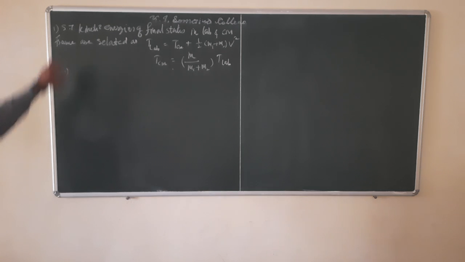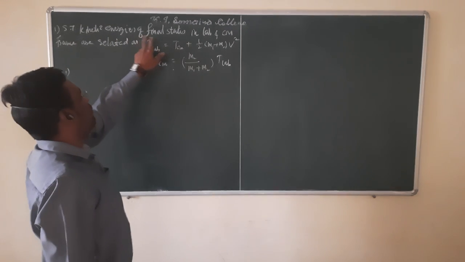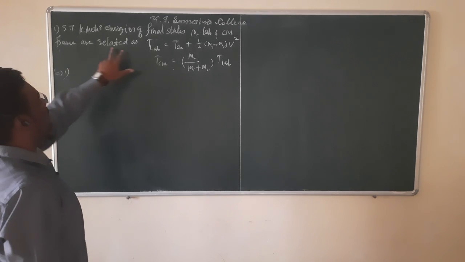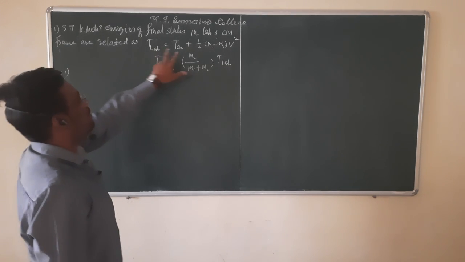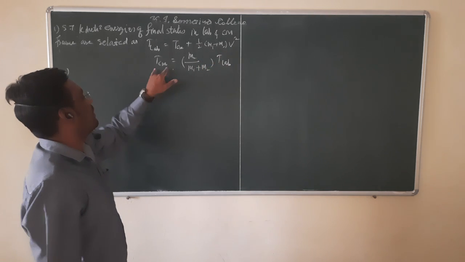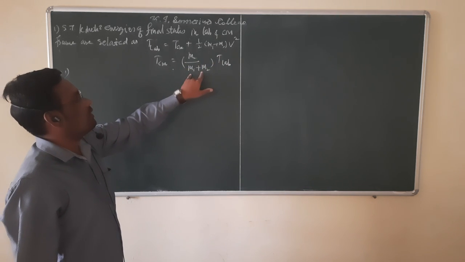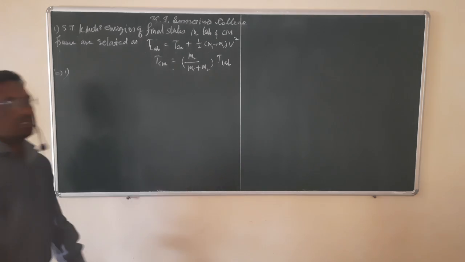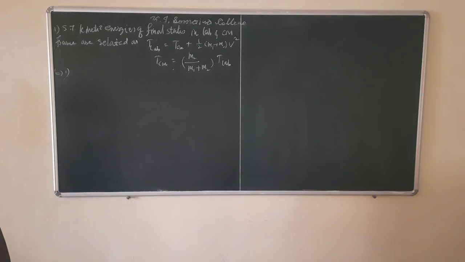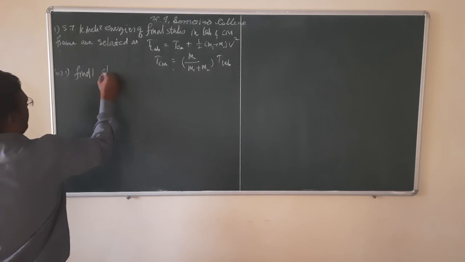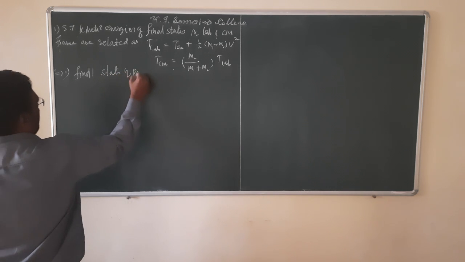Show that the kinetic energies of the final states in the laboratory and CM frames are related as T lab is equal to TCM plus 1 half (M1 plus M2) into V square, and TCM is equal to M2 divided by (M1 plus M2) times T lab. T lab means kinetic energy in the laboratory frame, TCM is kinetic energy in the center of mass frame. So the final state of the particle can be shown as follows.